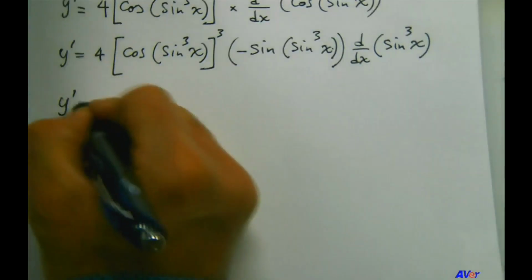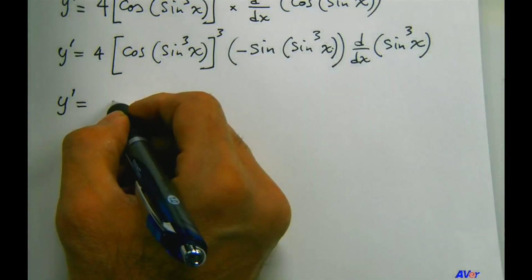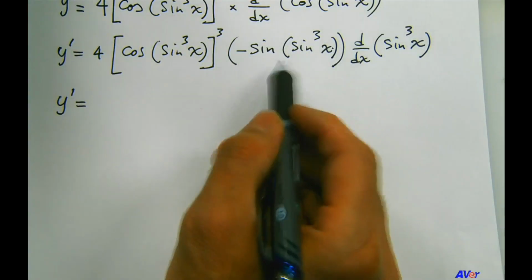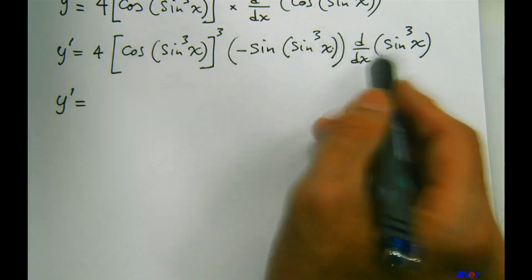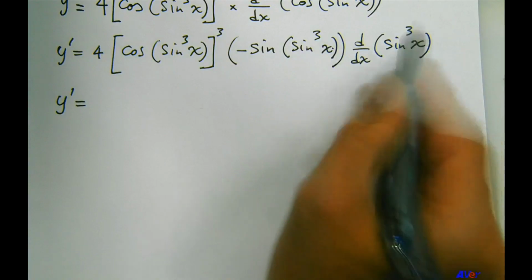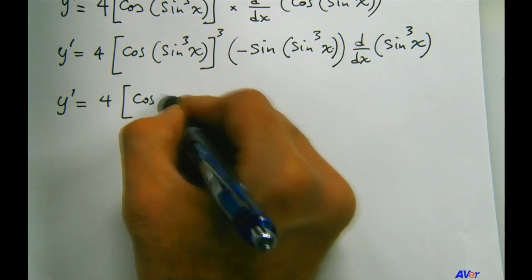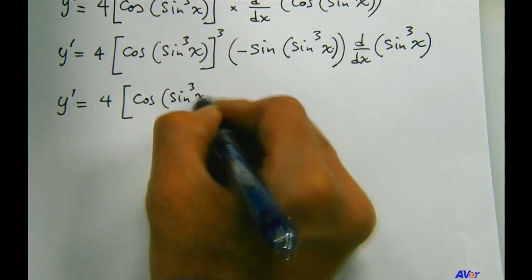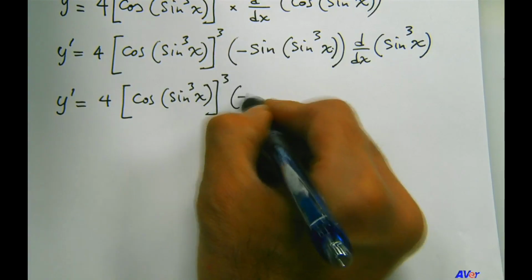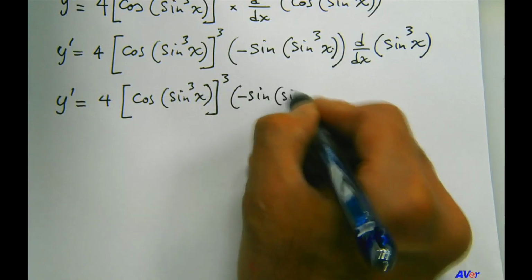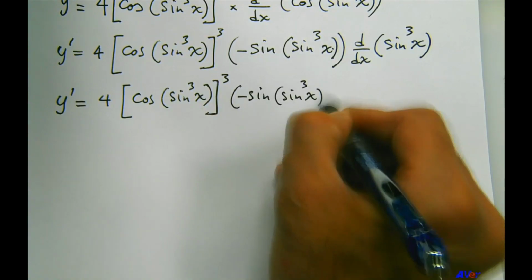So we have y prime equals, well, let's find that before. I wanted to combine some things, but this minus with that 4. But let's do it once we find the derivative of sine cubed x at the end. So we have 4 times all of that, times minus sine of sine cubed x.